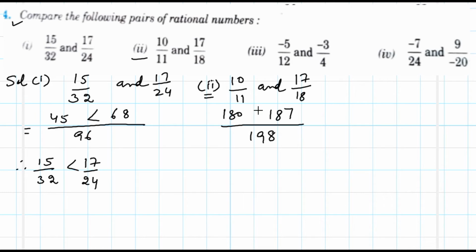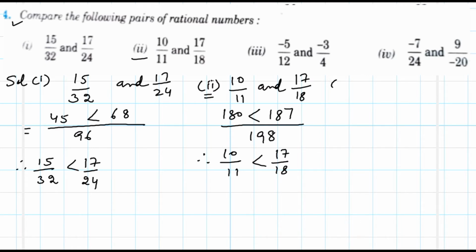So which one is greater? This one. So therefore the fraction of this is 17 upon 18. So 17 upon 18 is greater than 10 upon 11, right?